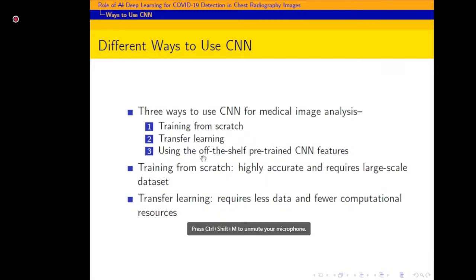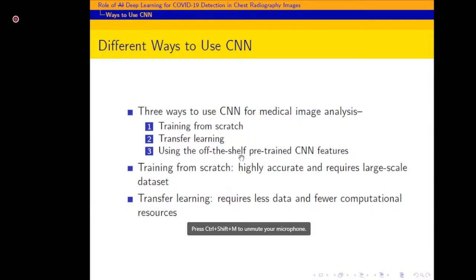And the last one is also one form of transfer learning, you can say, and it is nothing but using pre-trained CNN features. That means here, rather than using a feature extraction method, whatever we have seen in case of machine learning based CAD system, we will use AlexNet that has already been trained on the ImageNet dataset.